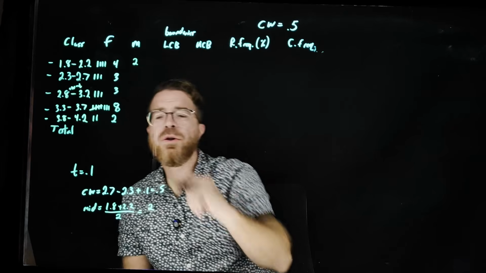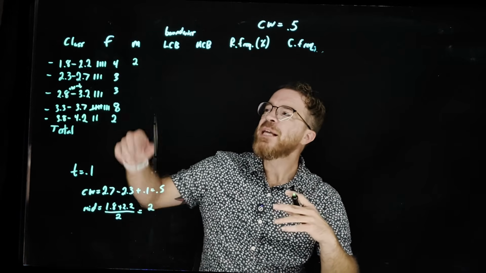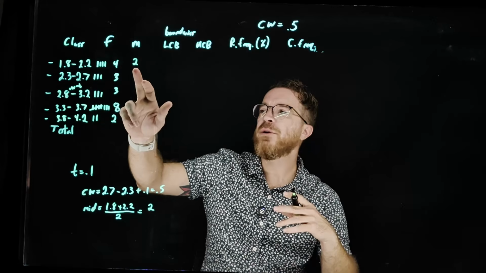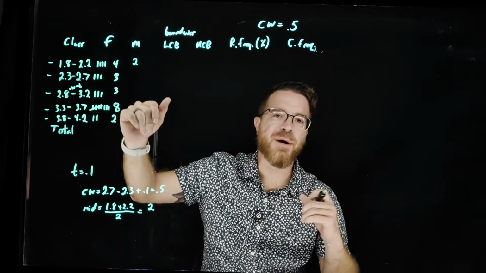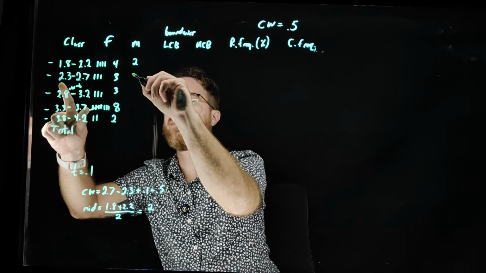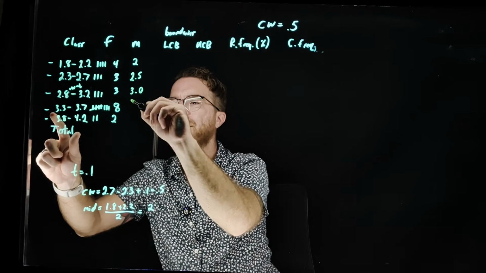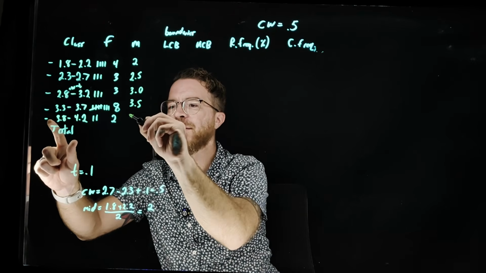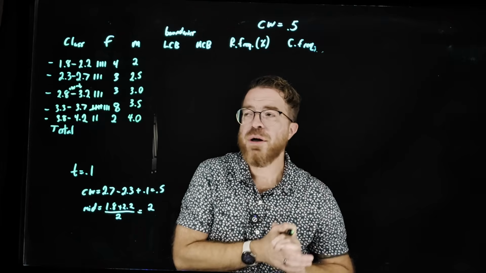Now, because all of these intervals should have an equal width, and they do because I set them up that way, I can use the pattern where this 2 is 0.2 away from my lower class limit, or 0.2 away from my upper class limit. I can use either one. So this one's going to be 2.3 plus 0.2, which is 2.5, 3.0, 3.5, and 4.0.